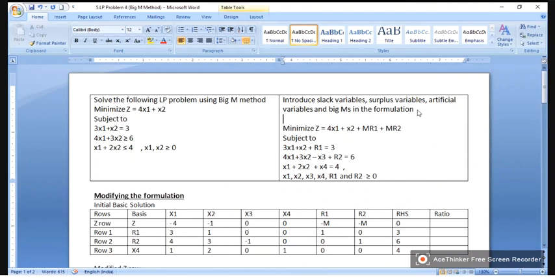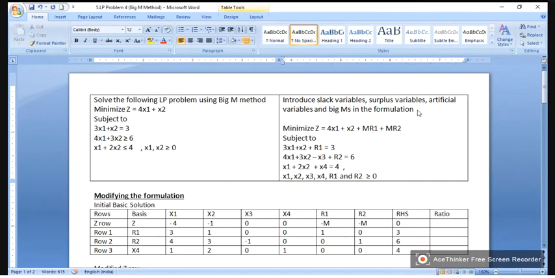Sir, surplus variable means? Surplus means which is present in excess. Say 12 is greater than or equal to 10. Am I right? So left hand side is greater than right hand side.